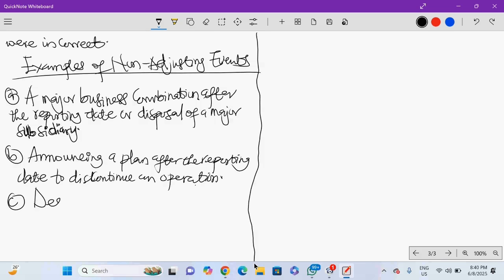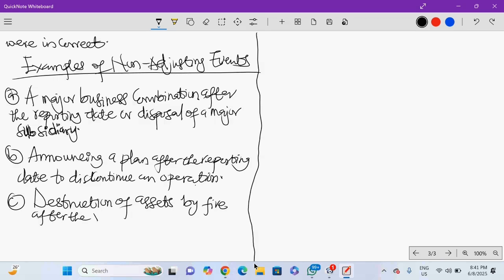So destruction of an asset by fire. So any natural disaster, right? Destruction of assets by fire after the reporting date.